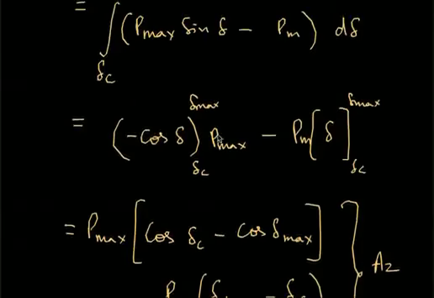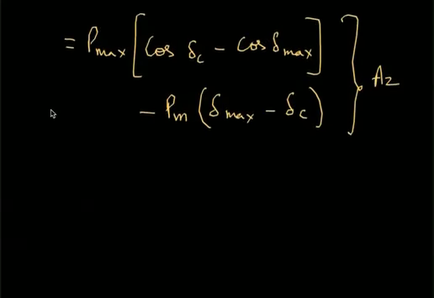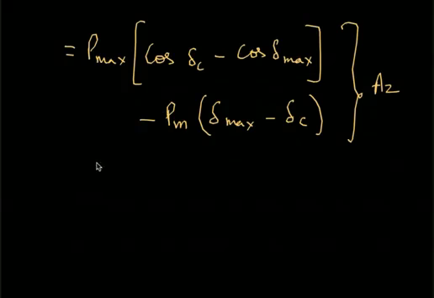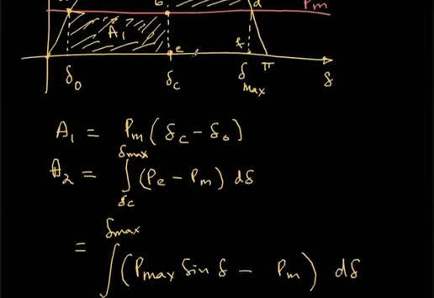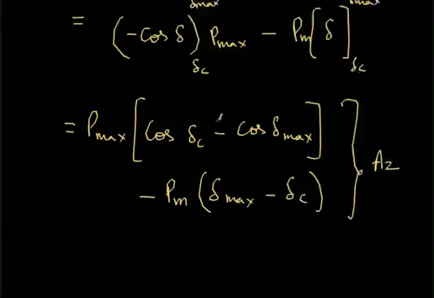So this whole thing is area A2. Now if I look at A1 and want to equate it to A2, A1 is PM into delta C minus delta naught.